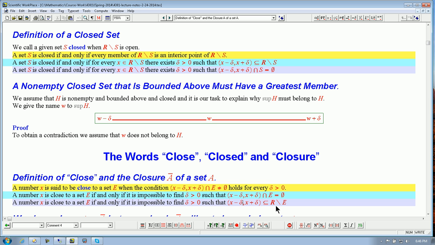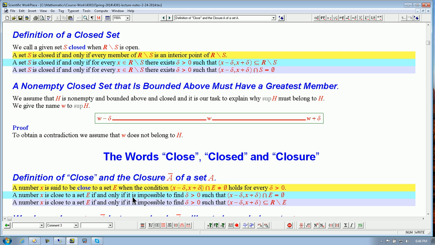You understand? Saying that X is close to E is exactly the same as saying you cannot possibly find delta greater than 0 for which that intersection is empty. Because what does the yellow definition say? The yellow definition says a number is close to E when every one of these intervals does intersect E. That means you can't find one.